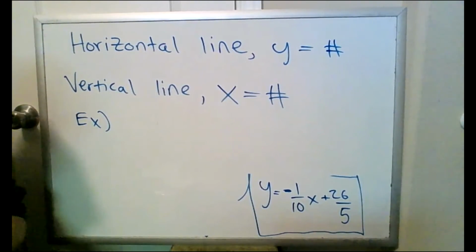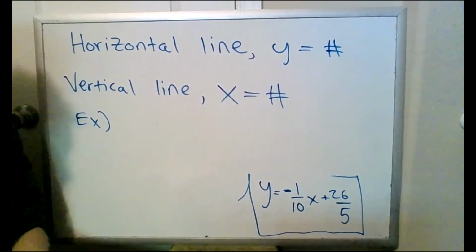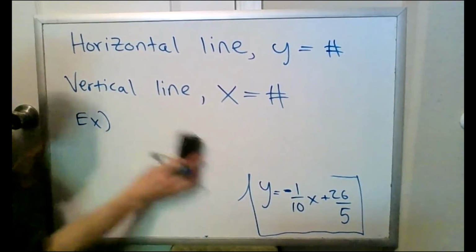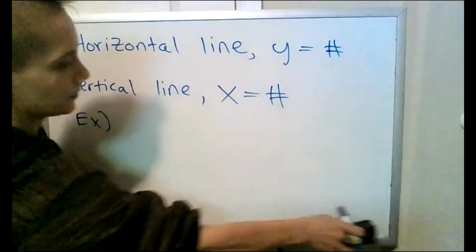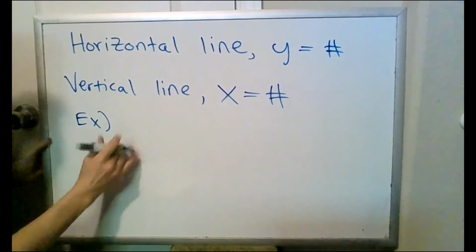So if you have a problem that says, find the horizontal line that goes through 3, -2, we'll use this form, and we'll use the point that they give us.